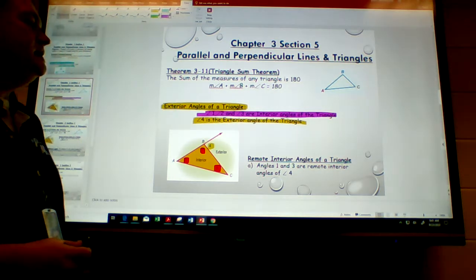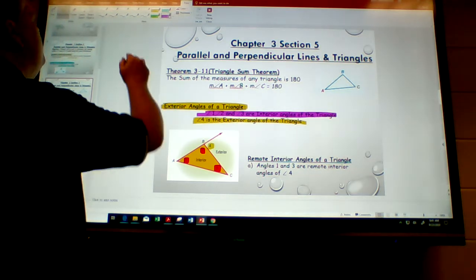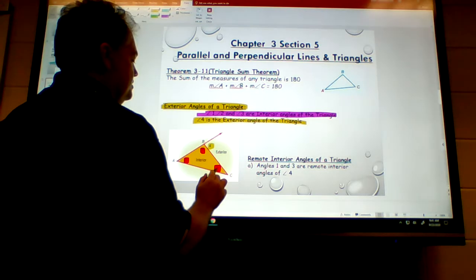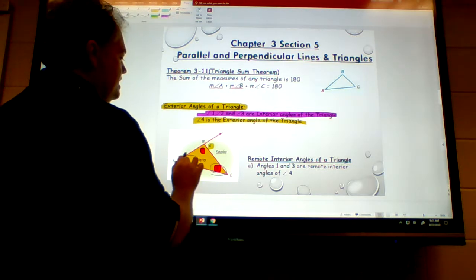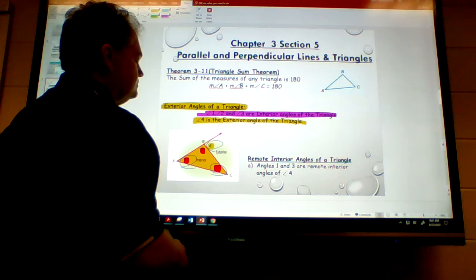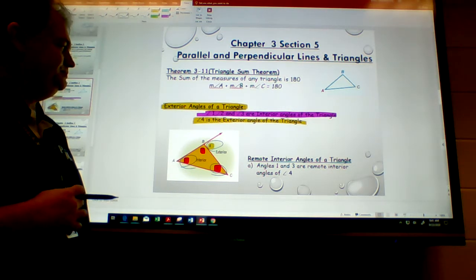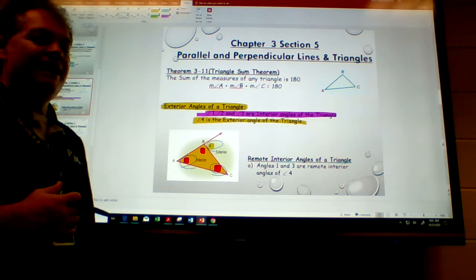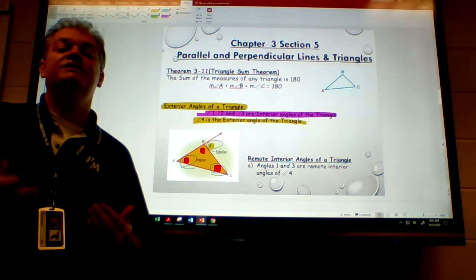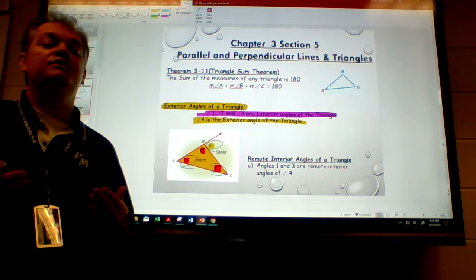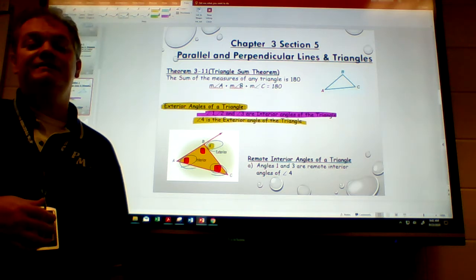There you go. Now, one thing I do want to point out to you, and I'm going to circle this, 1 and 3. If you look, 2 is right next to angle 4, but 1 and 3 are not. They're far away. They're called the remote interior angles. Remote technically means far away.